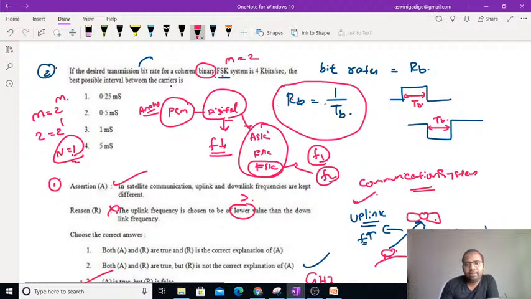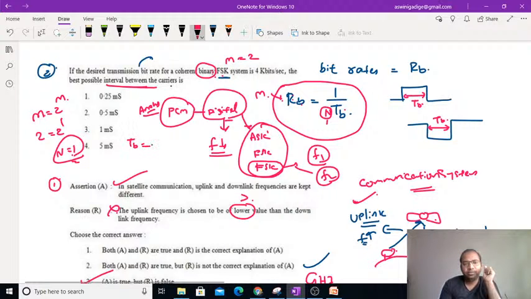Coming to the bit rate, for M-ary FSK the transmission bit rate can be taken as 1 divided by N times TB. But here it is binary, so M is equal to 2 and N is equal to 1. Now RB is equal to 1 divided by TB, and TB is nothing but the bit duration, or the possible interval between the two carriers.